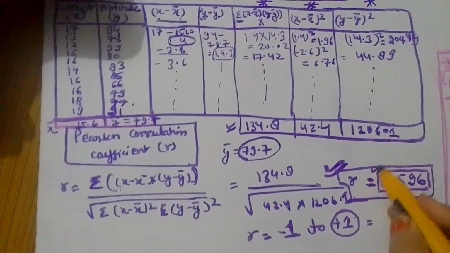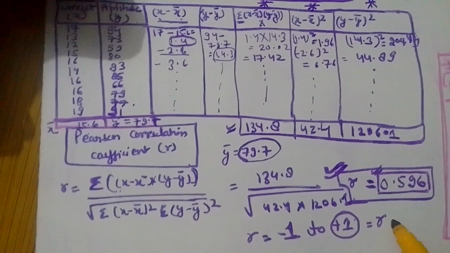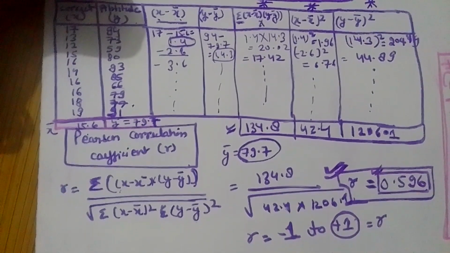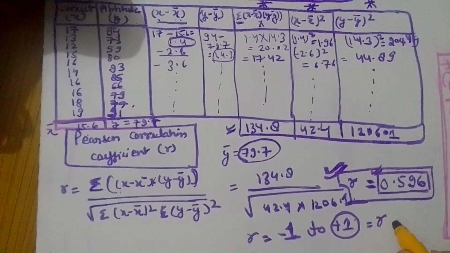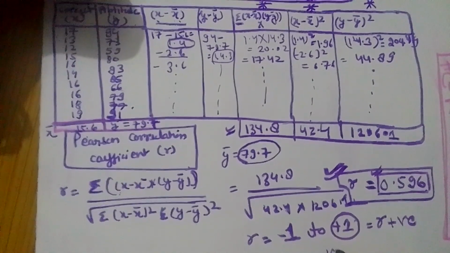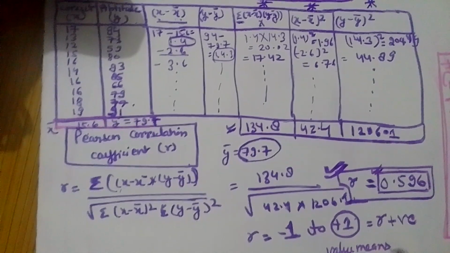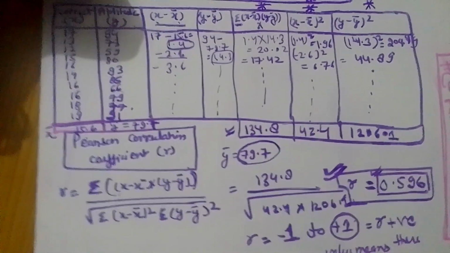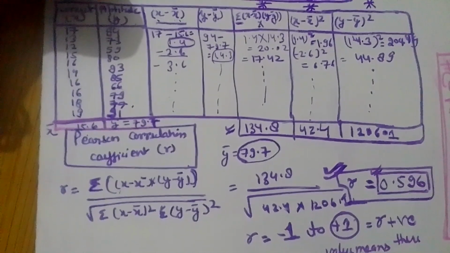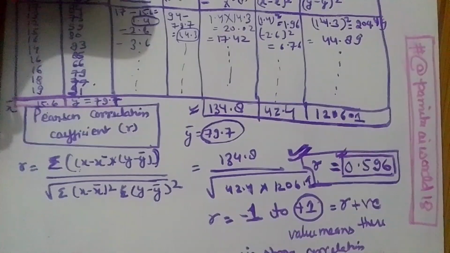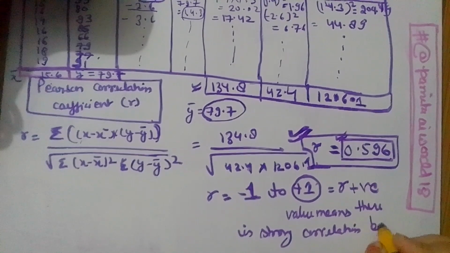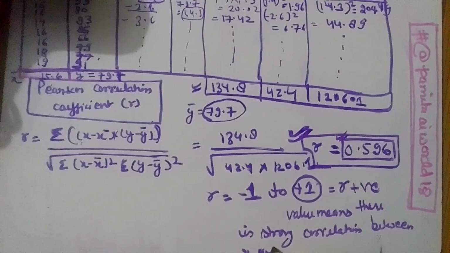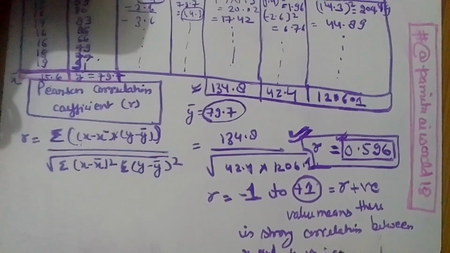So by just seeing the value of r in data science or in artificial intelligence, which means Pearson correlation coefficient, we can say a positive value means there is strong correlation between the x and y variable.